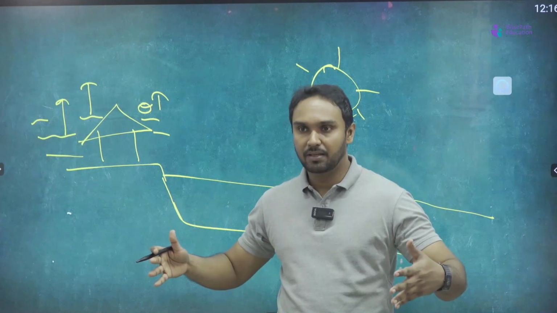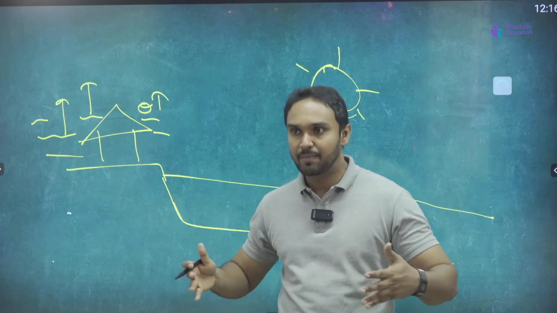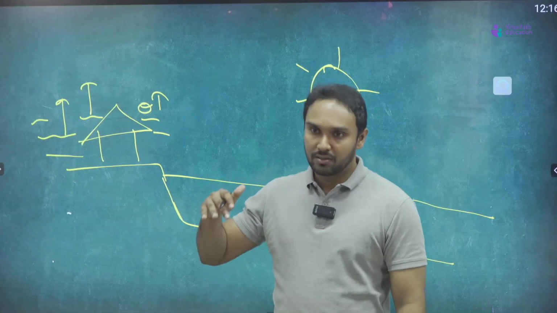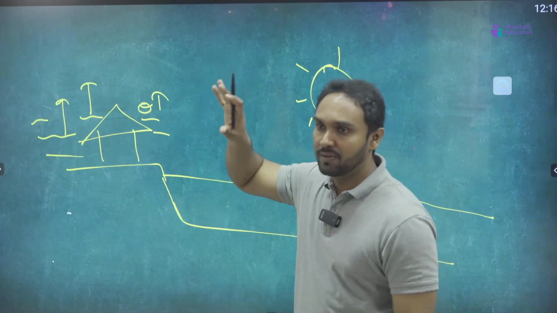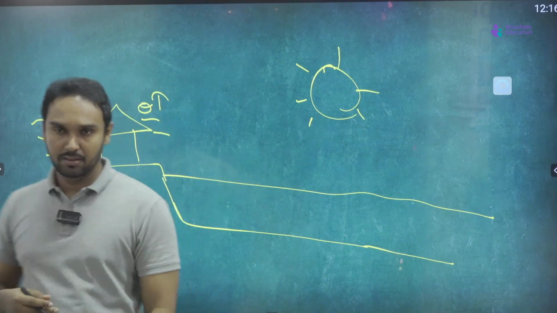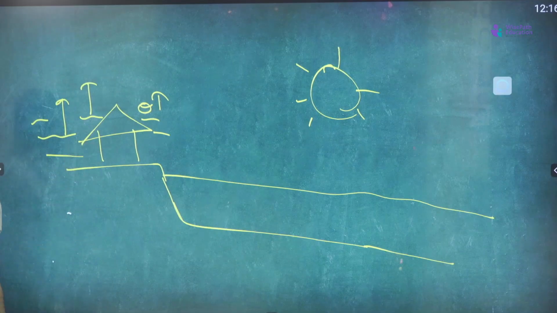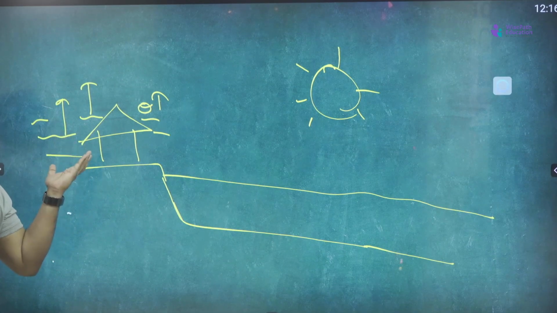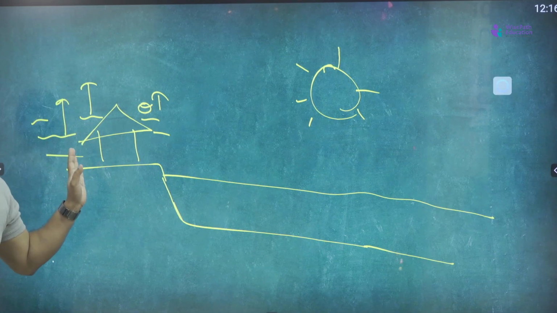So decreased density means it's flowing up, right? The air goes up, meaning the air is removed from the land surface.